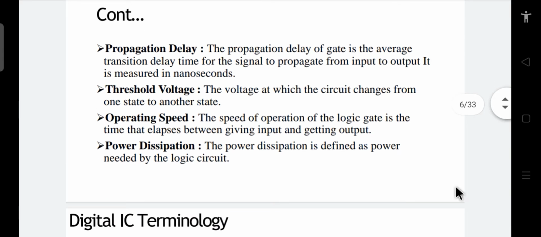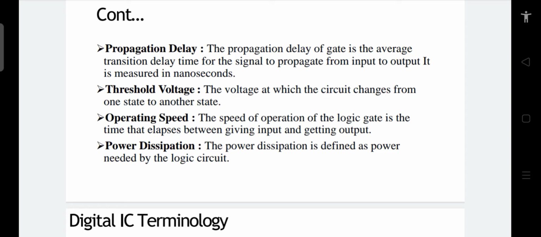Then the other terminology is propagation delay. In the last lecture also this propagation delay came to our notice. Here we will talk about gates, but it can be of any circuit. So the propagation delay of any gate is the average transition delay time for a signal to propagate from input to output.